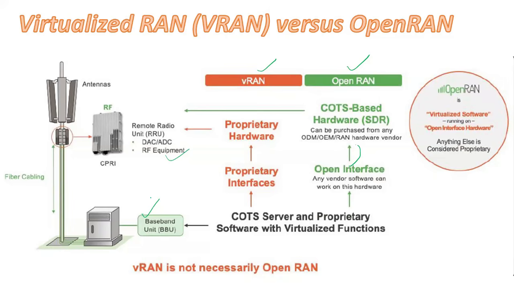And the BBU is the same as in the case of vRAN, a COTS server with vendor-based proprietary software with the virtualized functions, right? So a mobile operator can virtualize and disaggregate their RAN, but unless the interfaces between the components are open, the RAN is not truly open, right?